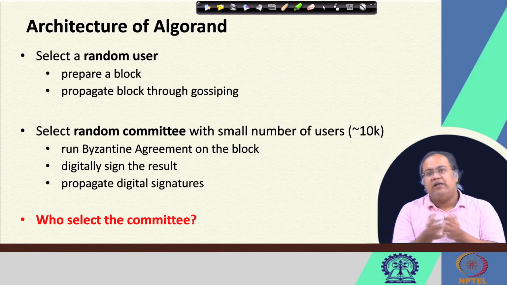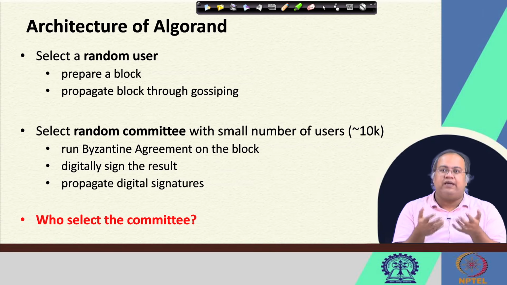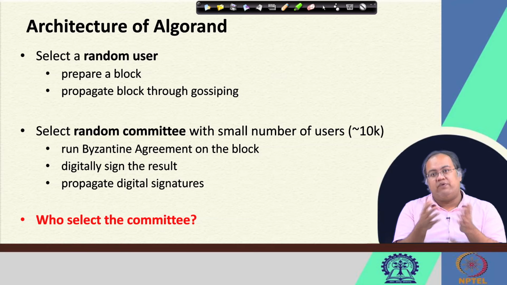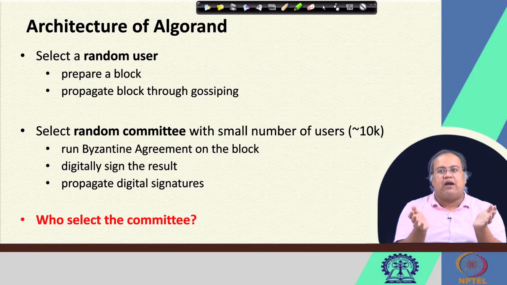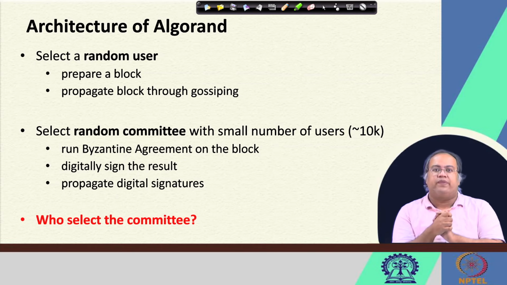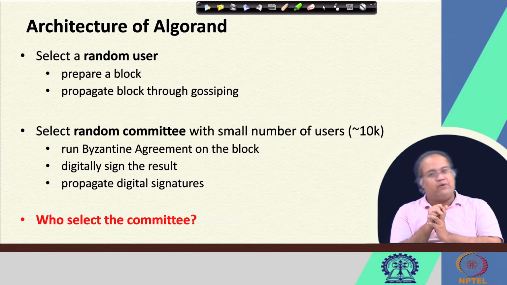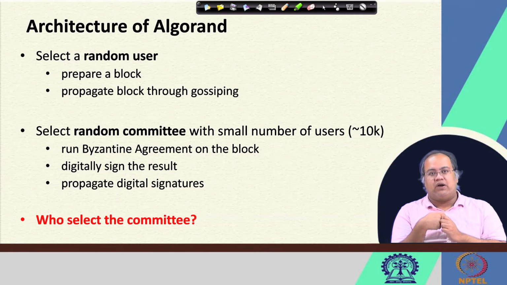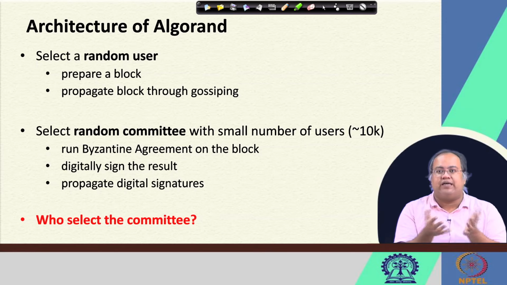Now, when majority is good, the probability that a random user getting selected to propose a new block is good is high, and at the same time whenever you are selecting some random committee to validate that block, it is with high probability that the majority of the members of that random committee are good and they are going to support that block. Okay. But the question remains that we are good with this word random, we are using a random user to propose a block, we are using a random committee to validate a block, but the question comes, who is going to select that random committee?